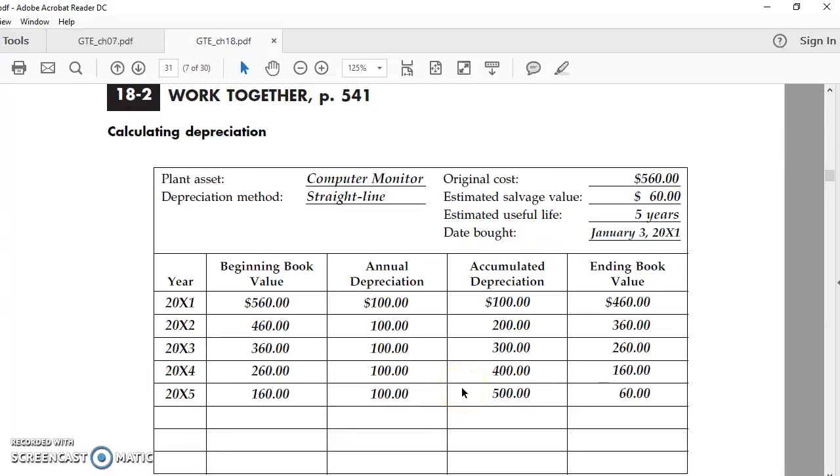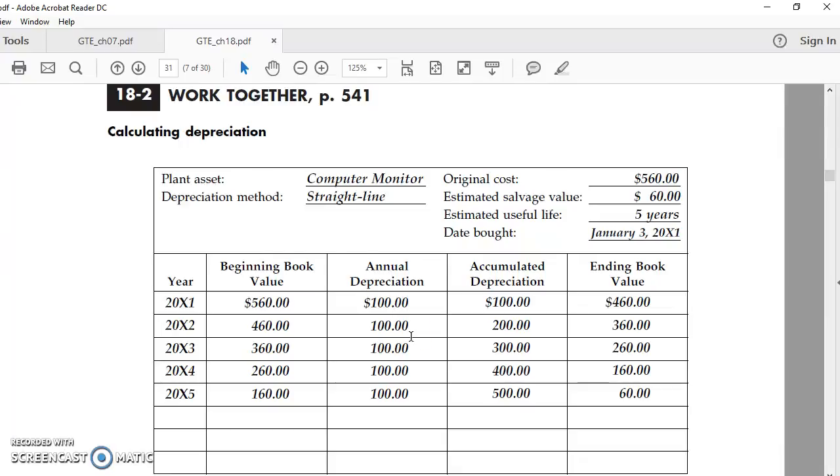I'm going to repeat that. Take your original cost, subtract your salvage value, which you're going to get $500, and divide 500 by the 5 years of useful life. $100 is how much you're going to depreciate this asset for every year of its useful life.